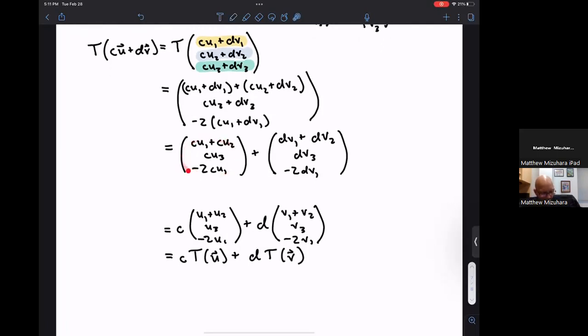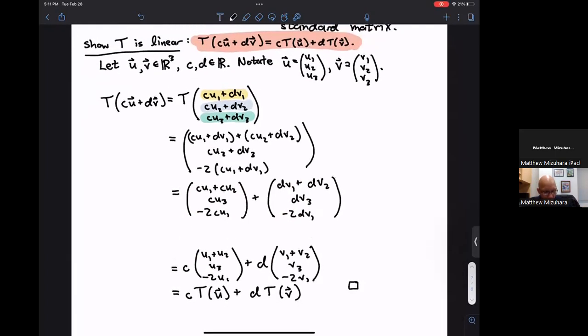Okay. And now, hey, look, this works nicely, right? From this step to the next step, I just pulled out the c from the first vector and pulled out the d from the second vector. And now I'm pretty convinced that this all works. For me, this is a pretty convincing proof. So let's take a step back and make sure we all agree. Starting from T of cu plus dv, I plugged in my expressions, calculated, and had to do a little manipulation in the middle, splitting stuff apart just the right way.